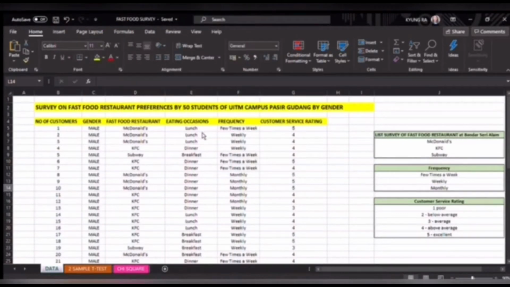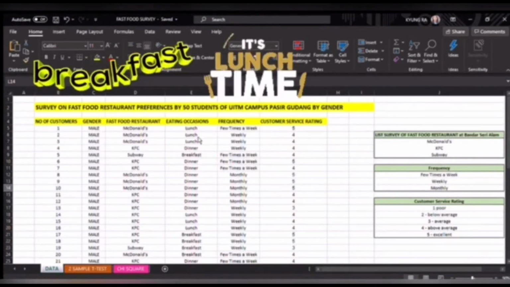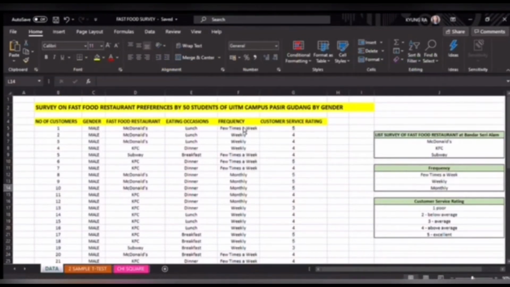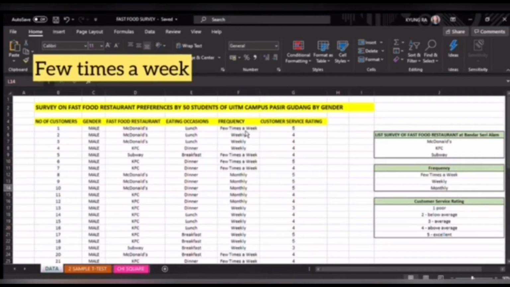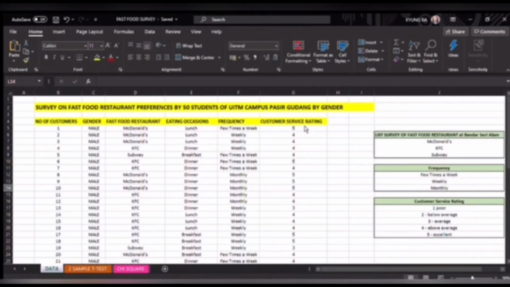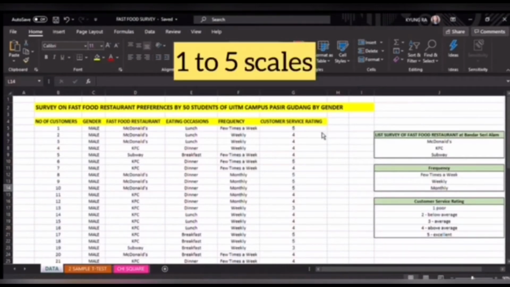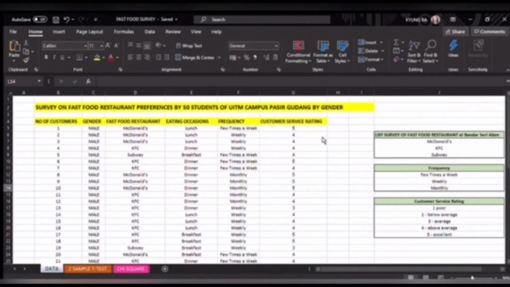The fourth column is eating occasions, whereby students eat fast food during breakfast, lunch, or dinner. The sixth column shows the frequency of students eating fast food, either a few times a week, weekly, or monthly. The last column is the customer service rating from 1 to 5 by the student's preference on the type of fast food restaurant.